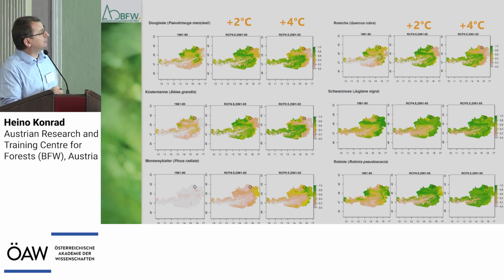Some would do quite well under the +4 scenario, like black walnut or black locust. But do we really want this one? I don't know. The other extreme would be to go for species like Monterey pine, which would do fine under the +4 scenario, but with unknown risks. Now it wouldn't survive.